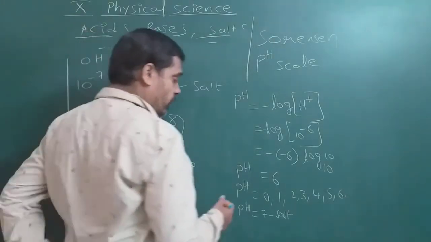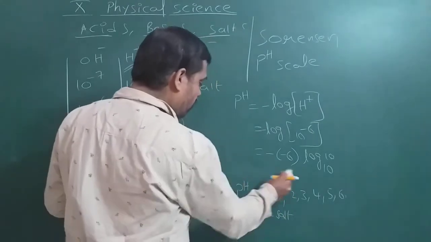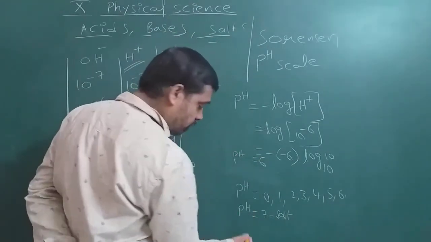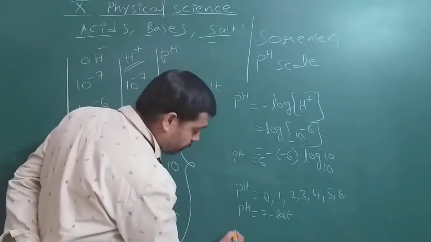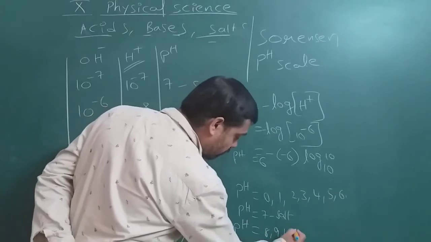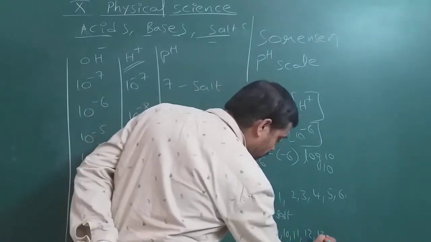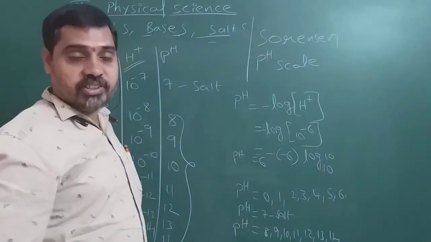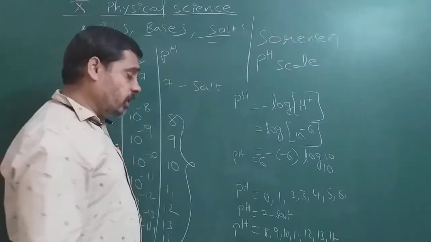If pH values are 8, 9, 10, 11, 12, 13, 14, then we will call them bases.